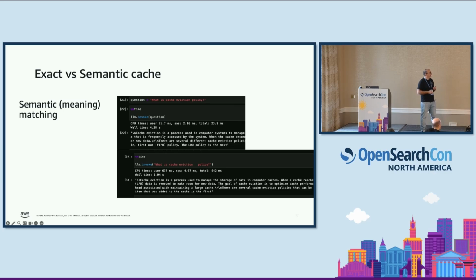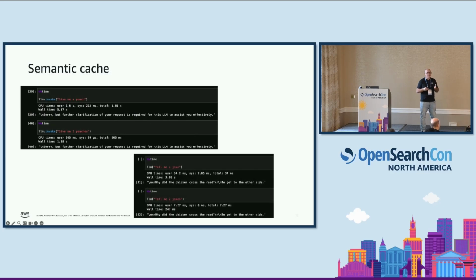There is a kind of a pitfall here when we're talking about semantic caching, and I would like to demo it quickly here. So if I'm asking an LLM, for example, give me a pitch. So obviously, the response that I got from the LLM is saying that, hey, I'm a language model, I can't give you any peaches.